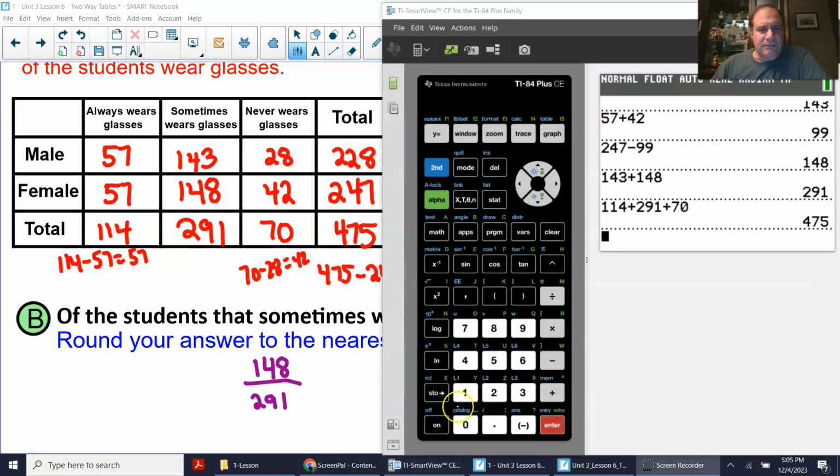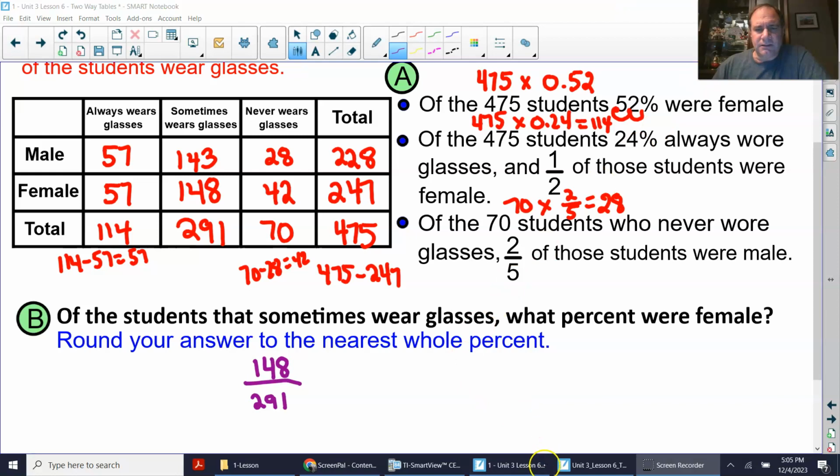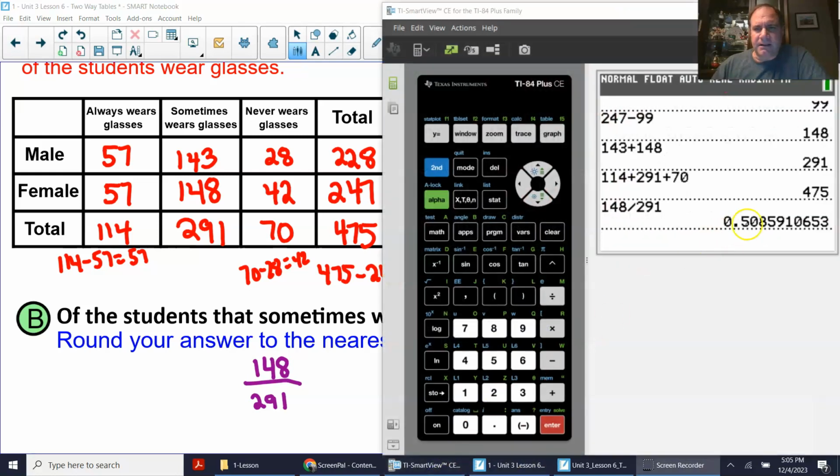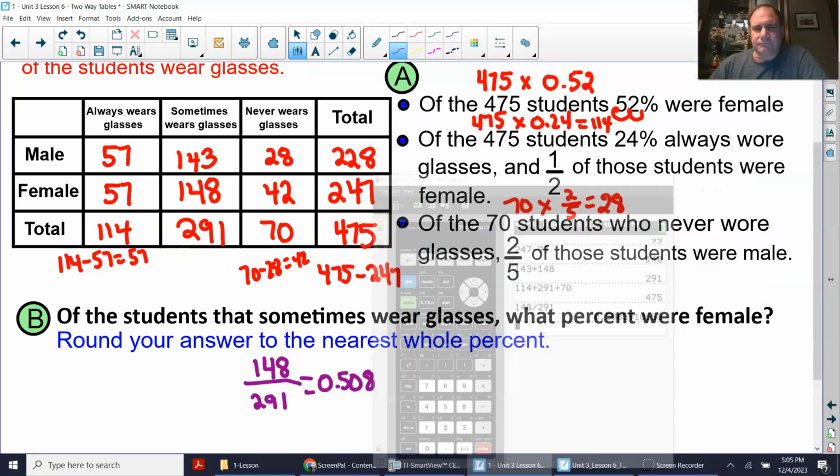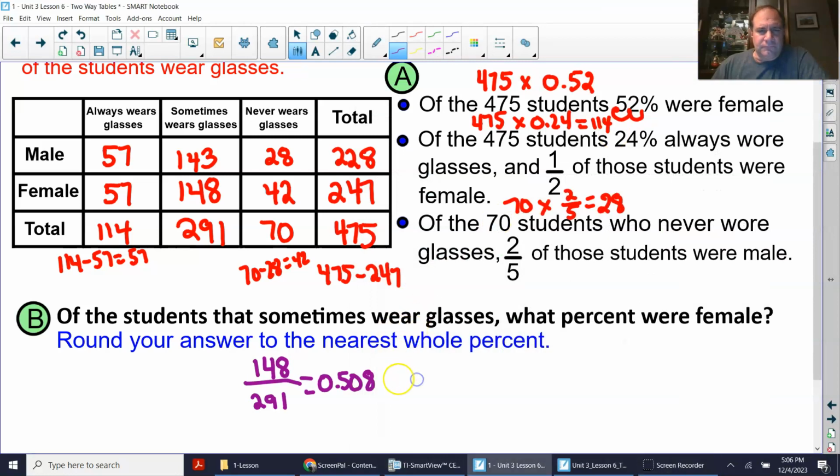So I'm just going to take 148 divided by 291, and it says round your answer to the nearest whole percent. So we're going to just bring that back up, and it's 0.58. Nearest whole percent would be 51%.